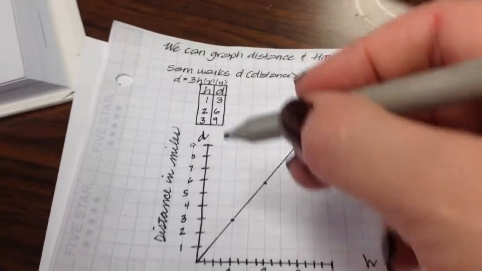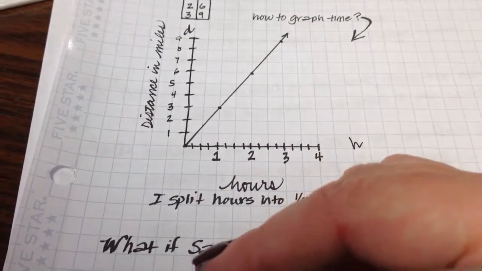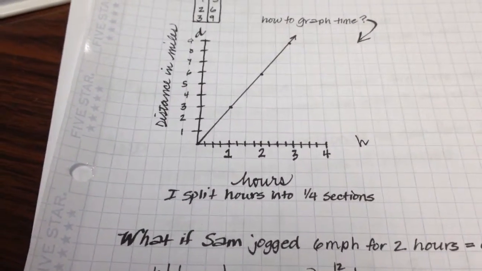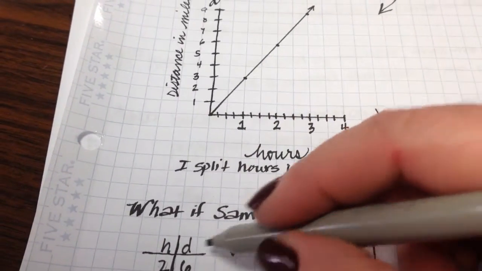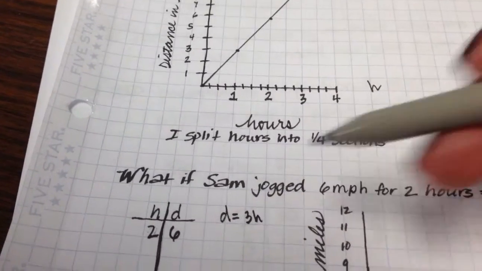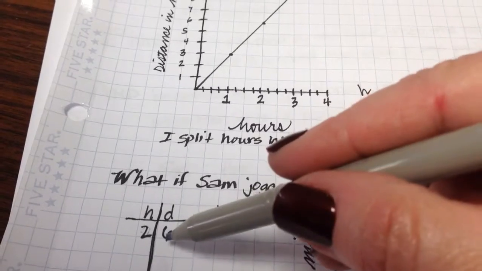So look up here, how are we going to do it? We're going to have d equals. What did we multiply? 2 times what is 6? That would be 3, right? So d equals 3h, correct? 2 times 3 is 6.